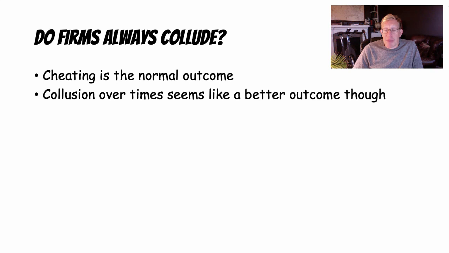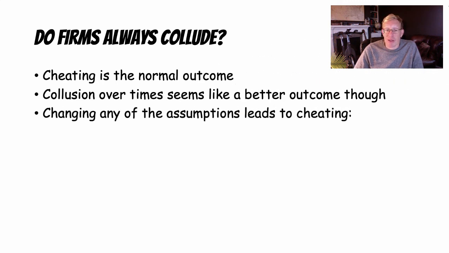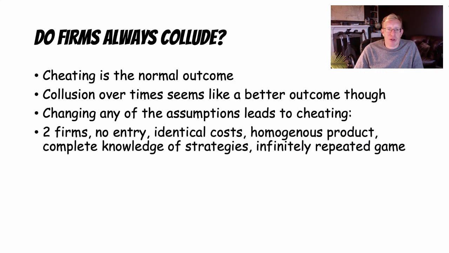Collusion over time may seem like a better outcome because the payoffs are bigger if you cooperate in the collusion. But changing any aspect of the assumptions that we make leads to cheating. We make a lot of assumptions about collusion.